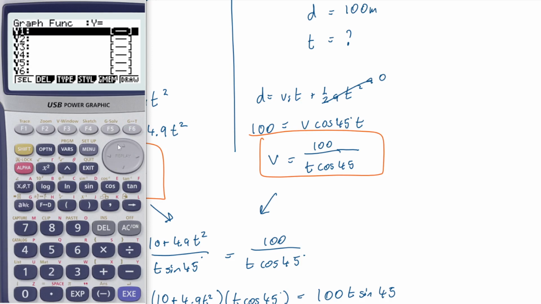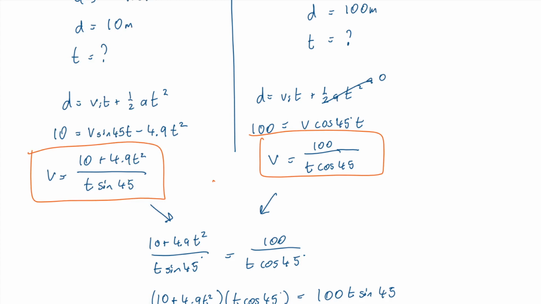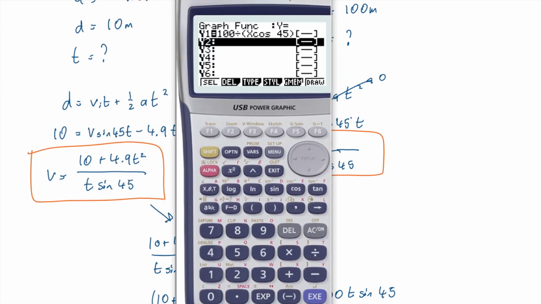And so one equation was v equals 100 divided by, instead of t, we can use x, cos 45. The other was bracket 10 plus 4.9 x squared, close bracket, divided by, open bracket, x sine 45, close bracket.